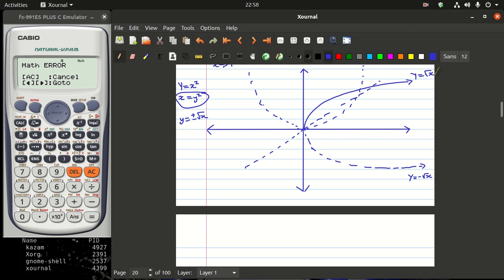So to plot this, we usually go this way, but I know that you already know how to plot this function. You don't need any assistance on this.